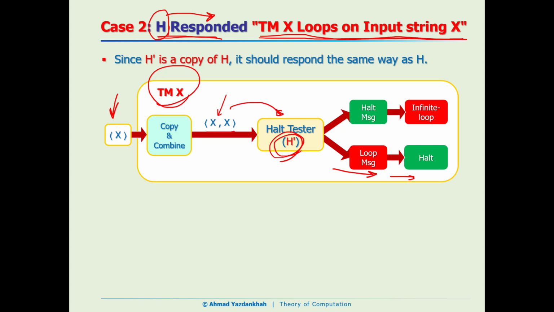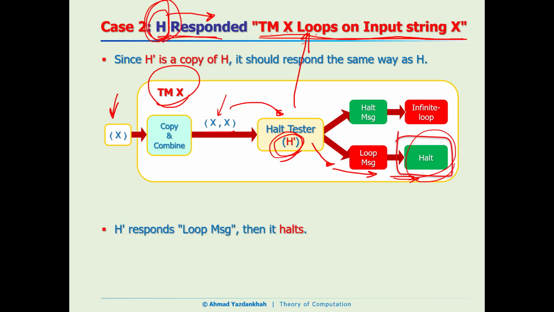And since H prime is exactly equal to H, it should respond the same thing: Turing machine X loops on input string X. So definitely H prime should go this way. And since intentionally we created this halt, again H was wrong, because it said that it will show the loop message, but now it is halting.